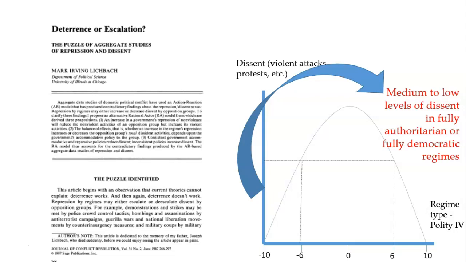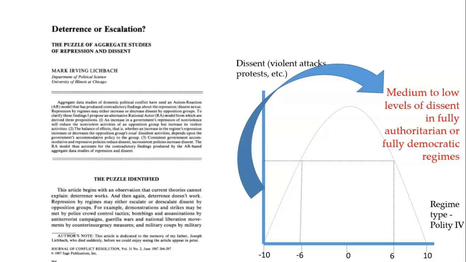And the reason that he contends in one of the classical pieces of literature in this area of research is that authoritarian regimes have, or tend to have, high capacity to repress the mobilization of the citizens on the one hand, and on the other hand, the democratic regimes have higher capacity to respond to the demands and social discontent of their citizens.